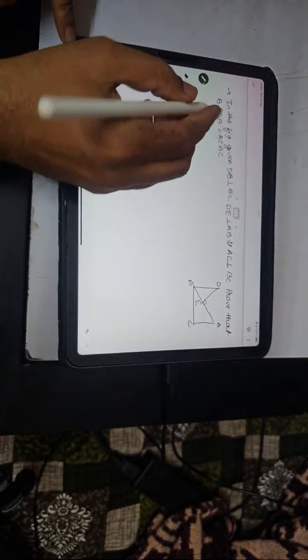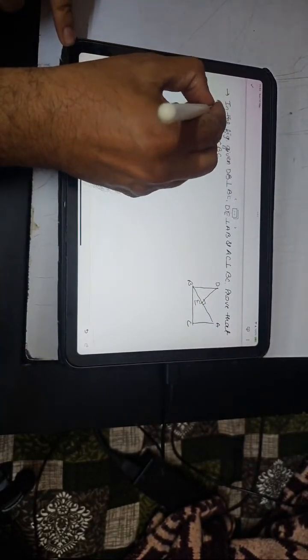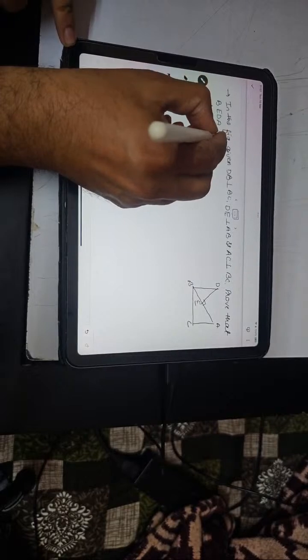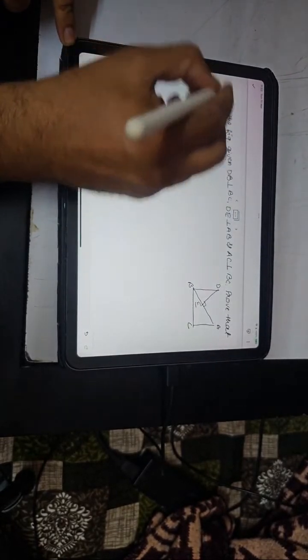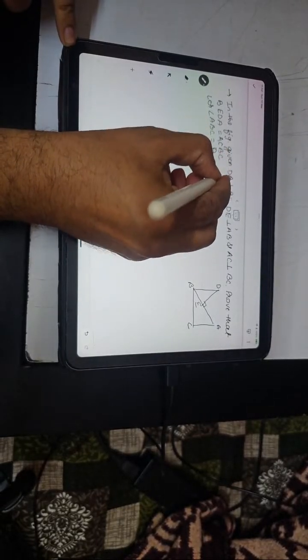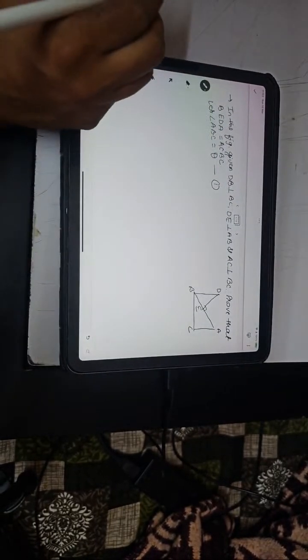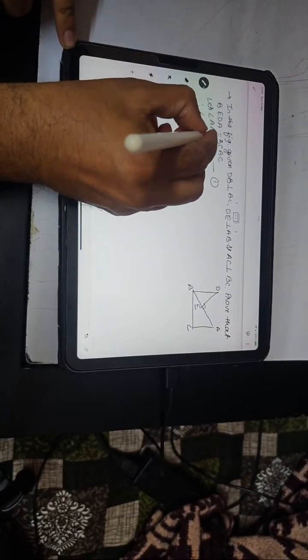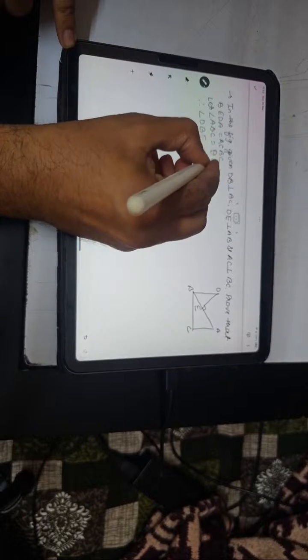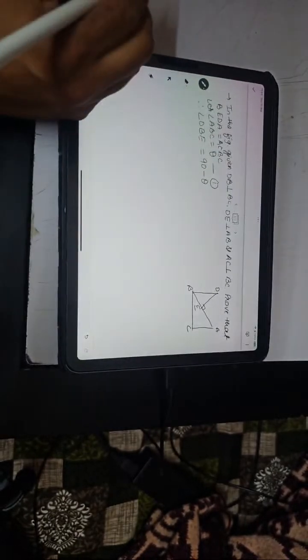Now, here let angle ABC equal to theta. This I am taking as number 1. Therefore, angle DBE will be 90 minus theta.